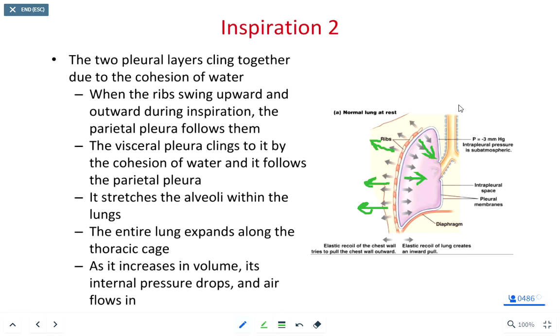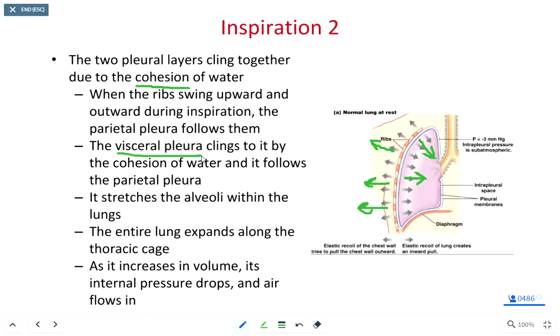And what we find is that within these serous membranes, there's a lot of cohesion between the tissues. We find that there's a lot of hydrogen bonding between the water molecules bound to the surface of these membranes. And that cohesion, or surface tension of the water, helps to keep the lungs stuck to the outside of the rib cage.